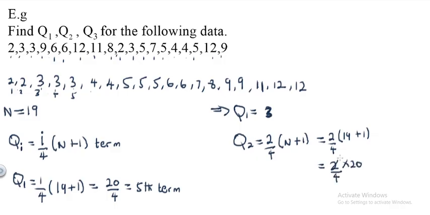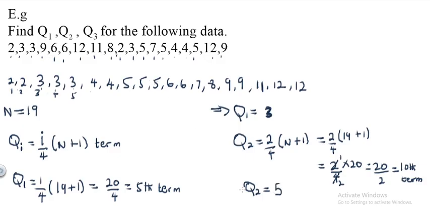You can say 2 into 2 is 1, 2 into 4 is 2, so 20 divided by 2 is the 10th term. So we are looking at the 10th term for the second quartile. Counting 1, 2, 3, 4, 5, 6, 7, 8, 9, 10, the 10th term is 5. That means the second quartile here is 5.